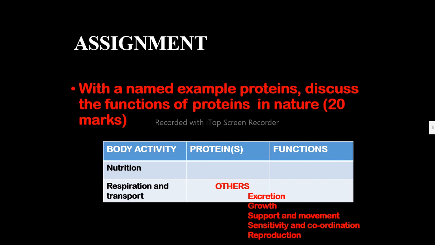And then after that, you talk about the function, what that protein does in nutrition. Then you go to respiration, you talk about all proteins involved in respiration and transport. If there are enzymes, write enzymes, and you can also write some examples of enzymes that you know or come across, and the functions of those enzymes.